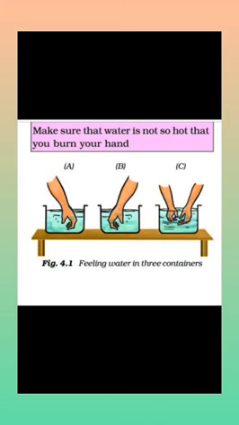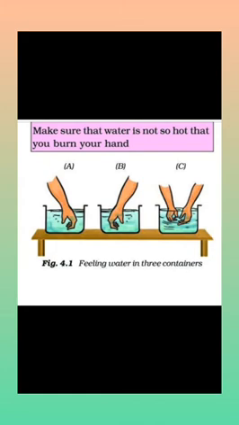What you have to do is take 3 medium-sized mugs, label them A, B and C. Put cold water in mug A and hot water in mug B. Mix some hot and cold water in mug C. Okay, are you getting my points?